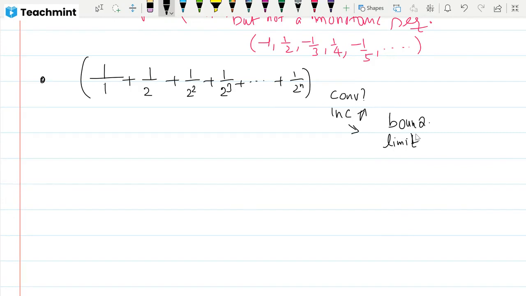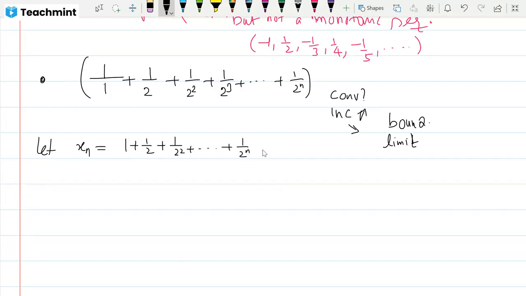So this looks like a finite geometric series. Do you agree? Now I am calling this sequence, let xn equal to, I am using xn here. So this is 1 plus 1 by 2 plus 1 by 2 square plus so on, 1 by 2 power n.